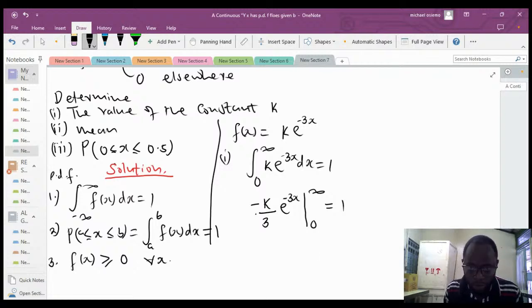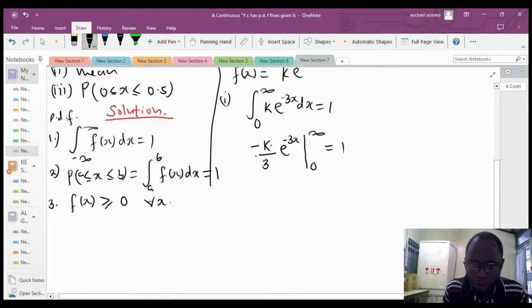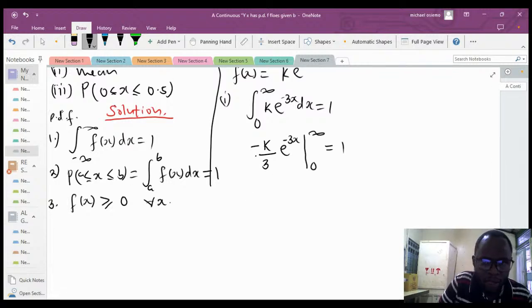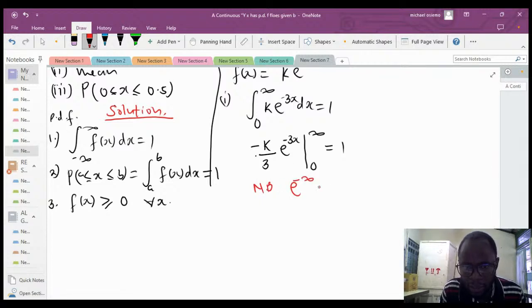Now we substitute our ranges. We need to note that exponential raised to negative infinity is equal to 0.